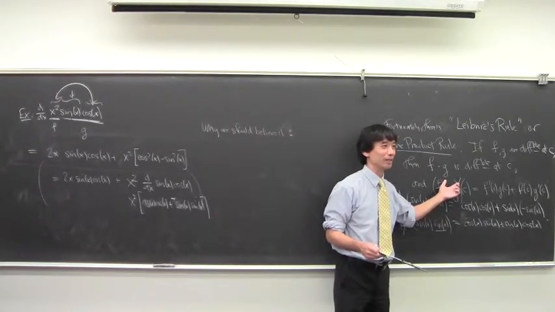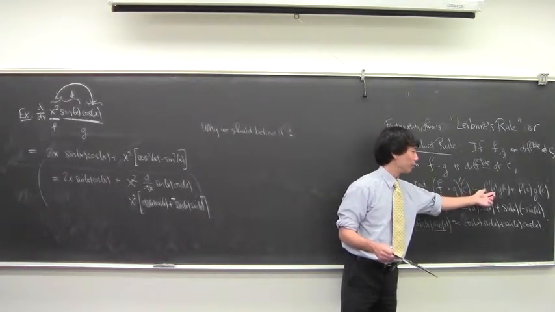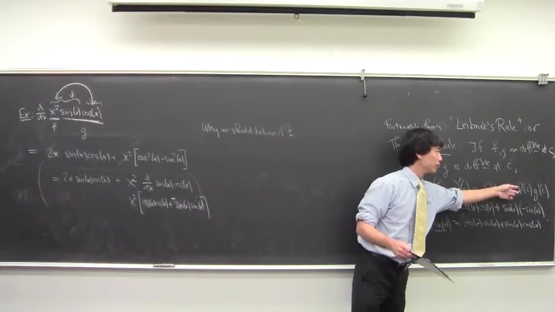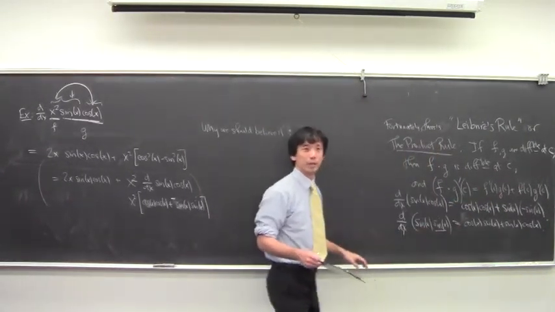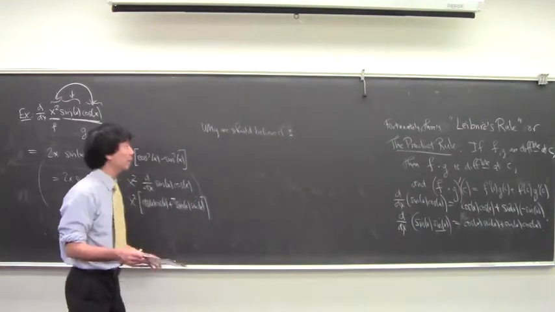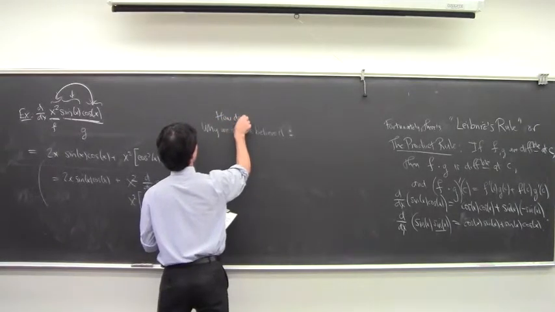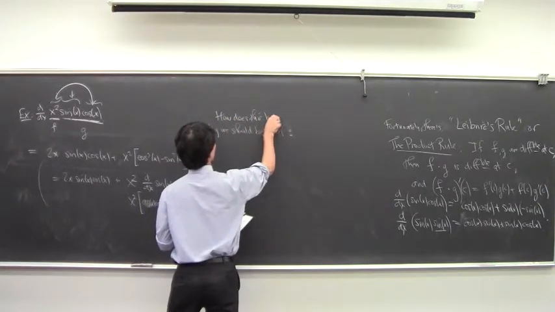That'd be great, right? It sounds good. The derivative of a product is the product of the derivatives. But that's not what it is. It's the product of one derivative against the other guy's function, and then the function against the other guy's derivative. And so let's see how that happens.